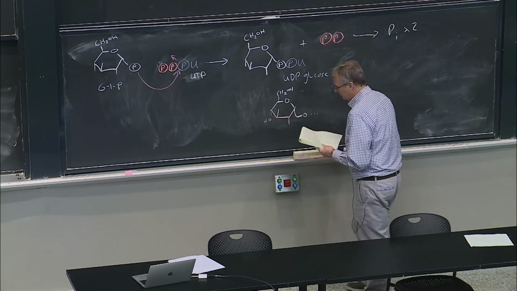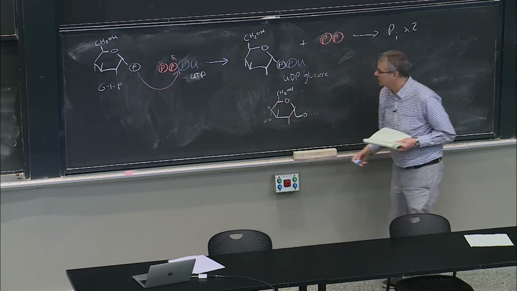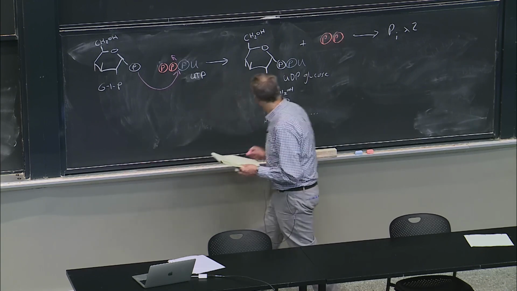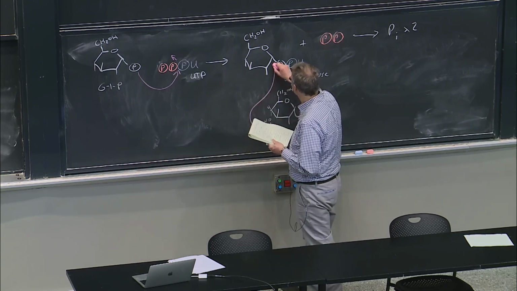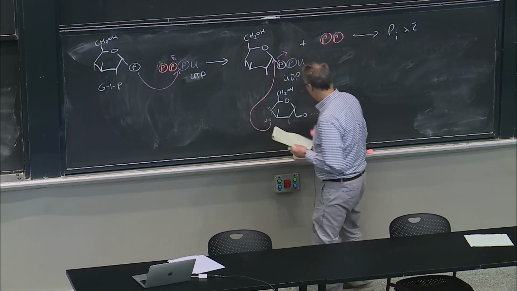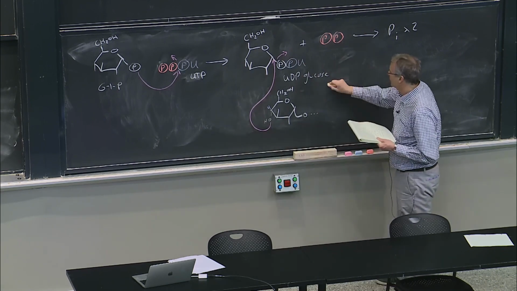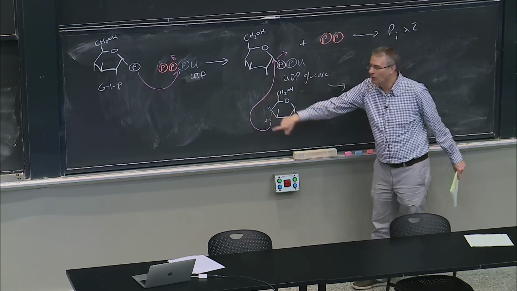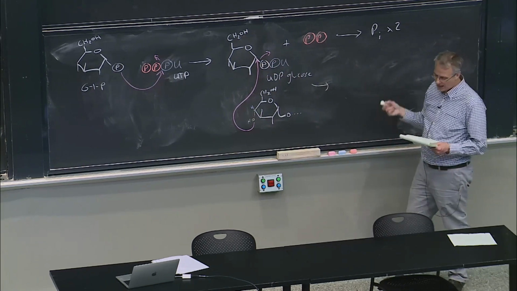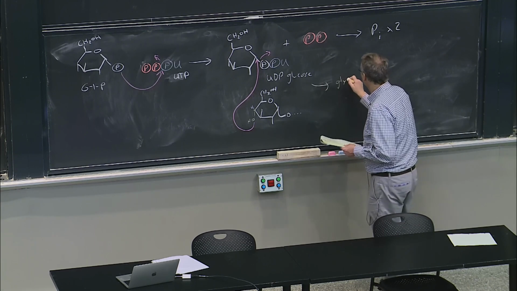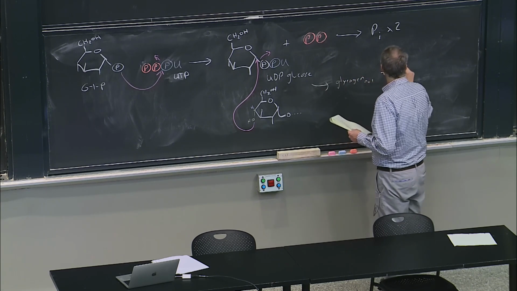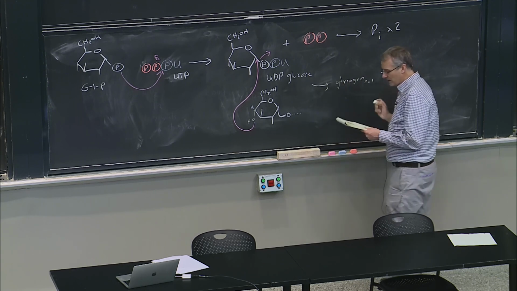That's the OH group at the 4 position at the non-reducing end. And so that then generates that alpha 1,4 bond to add to the polymer. So here we have glycogen N+1 plus releases UDP.